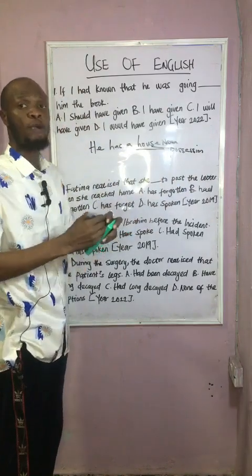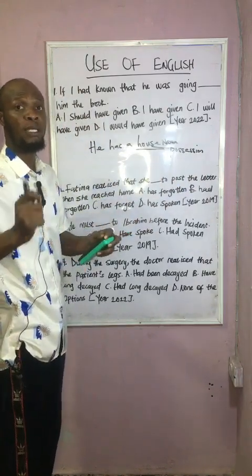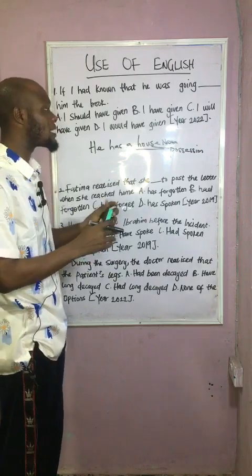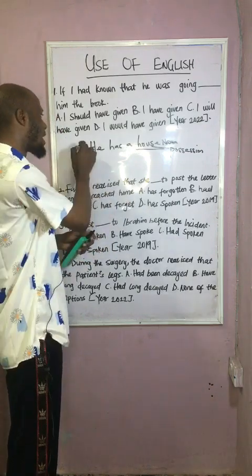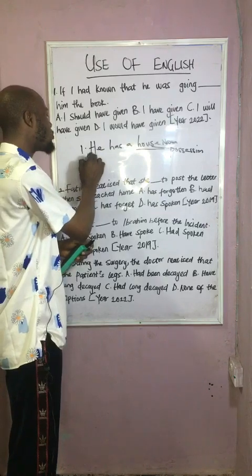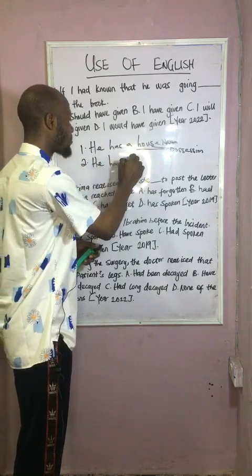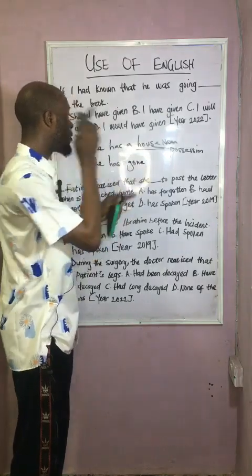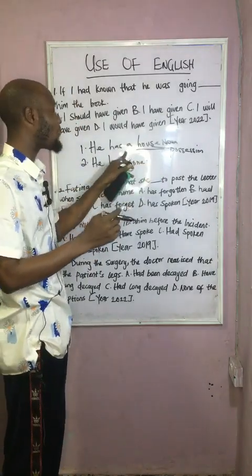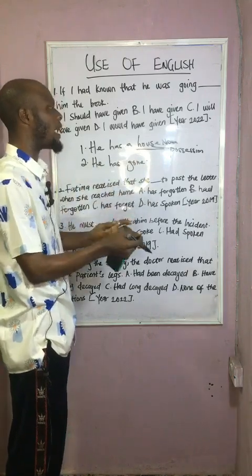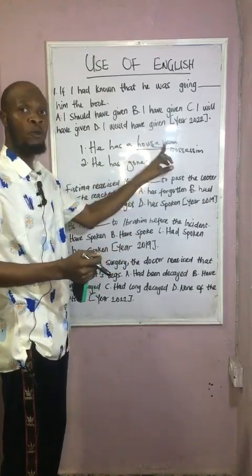Number two, it performs the function of timekeeping. That is, a particular time that an event happened. What is important in this function is that you notice: he has gone. For the possession function, after has, have, and had, it must be followed by either a noun or a noun phrase.